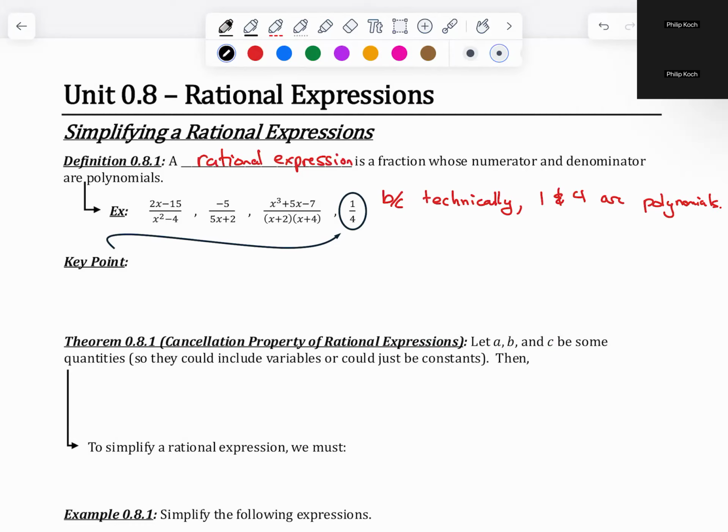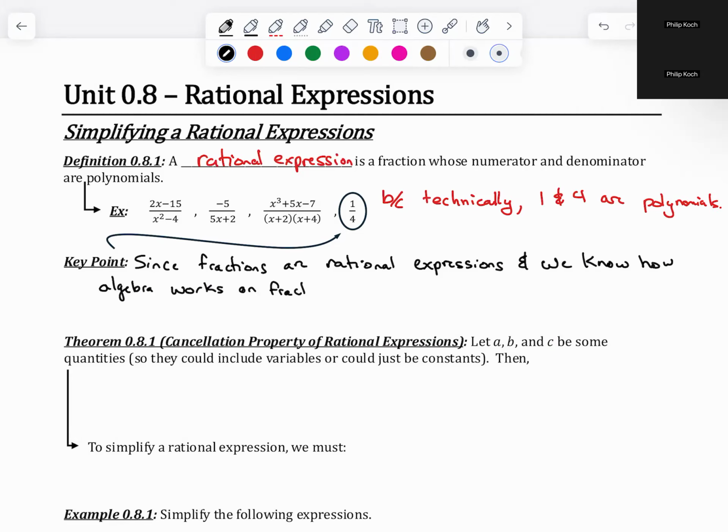So since fractions are rational expressions, and we know how algebra works on fractions, the same algebra must work on any rational expression.